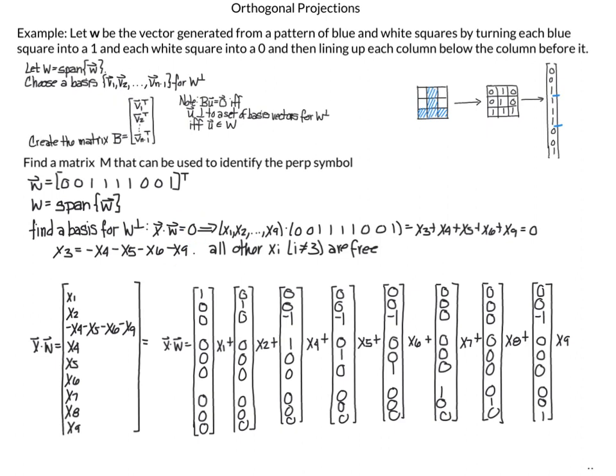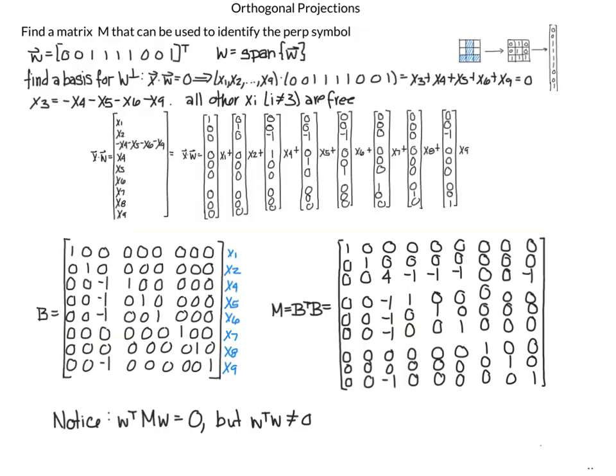And now I'm going to use this basis for W perp to create my matrix here, B. So I copied my basis up here, and then I made my matrix B from these columns. And remember, it's transposed. So my first basis vector has a 1 in the first position. My second basis vector has a 1 in the second position.